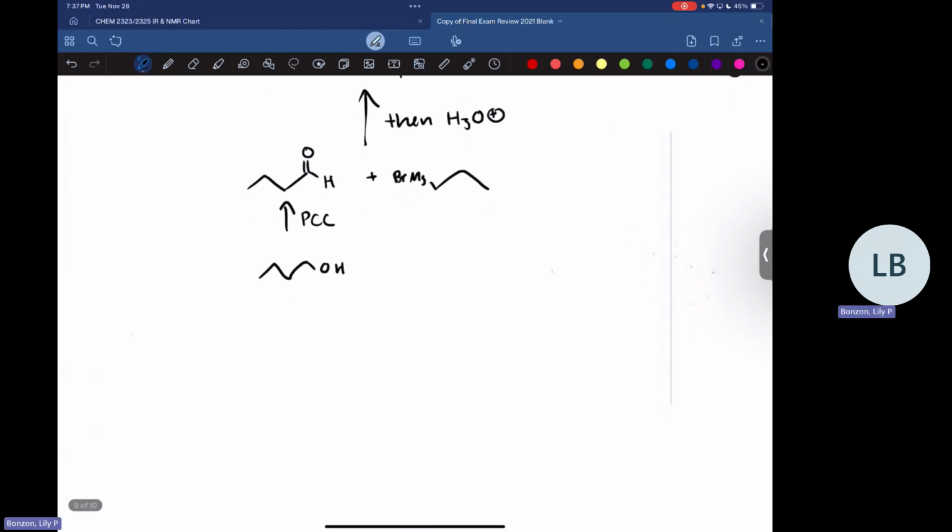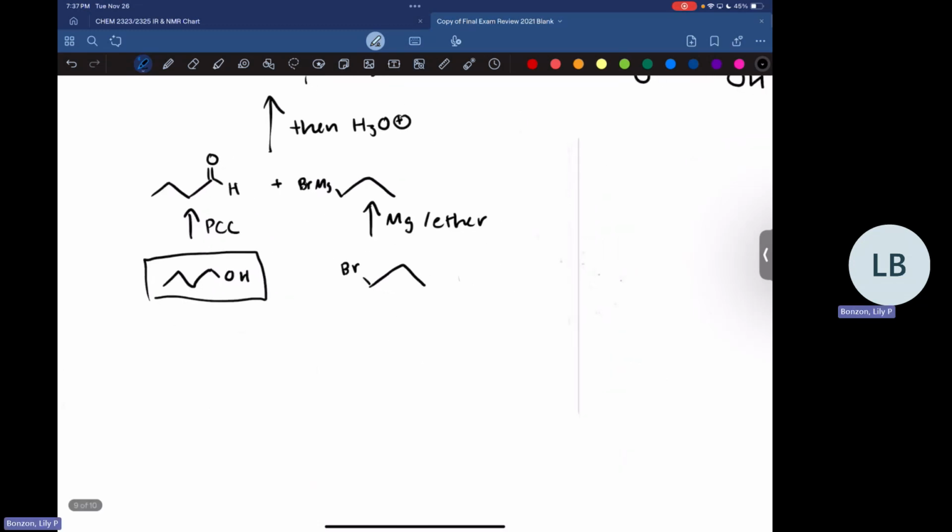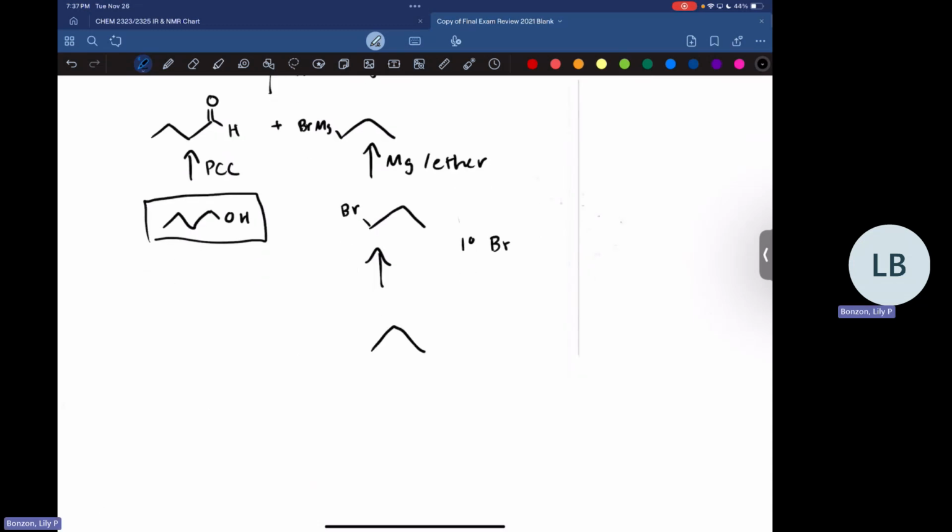And so we're allowed to start with 5-carbon alcohol or less, so this one is good to go. On the other side, we're going to do our Mg ether. That's going to turn that back into the bromine. And then we have a primary halide, so we can do the PBr3 reaction to turn this back into the alcohol. And this is a 3-carbon alcohol, so we are good to go.